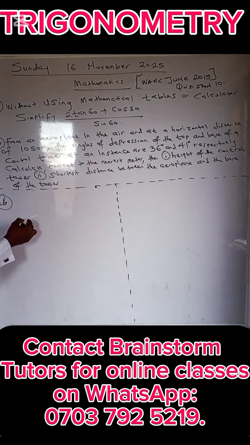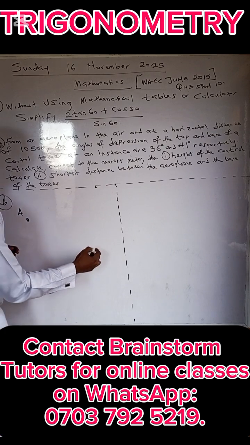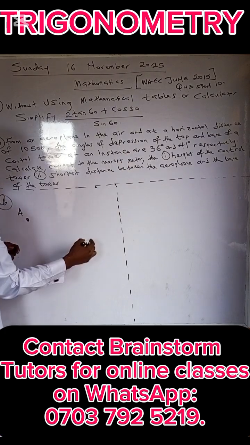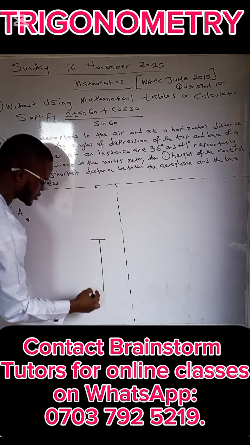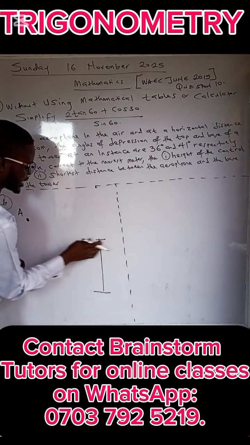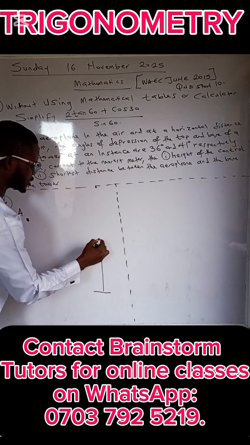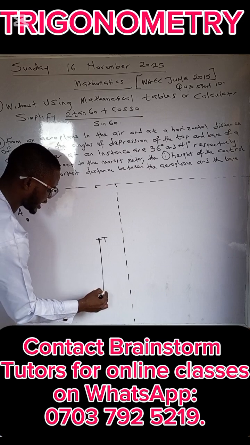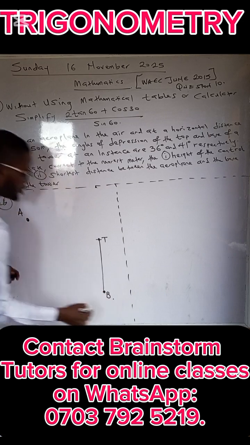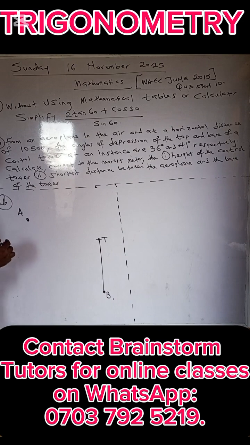Let's assume this here is my aeroplane. Let me use A to represent the aeroplane. And let's assume this is my tower. I'll use this place as the top of my tower. Let me call this point C, which represents the top of my tower, and this point B, which represents the bottom of my tower.